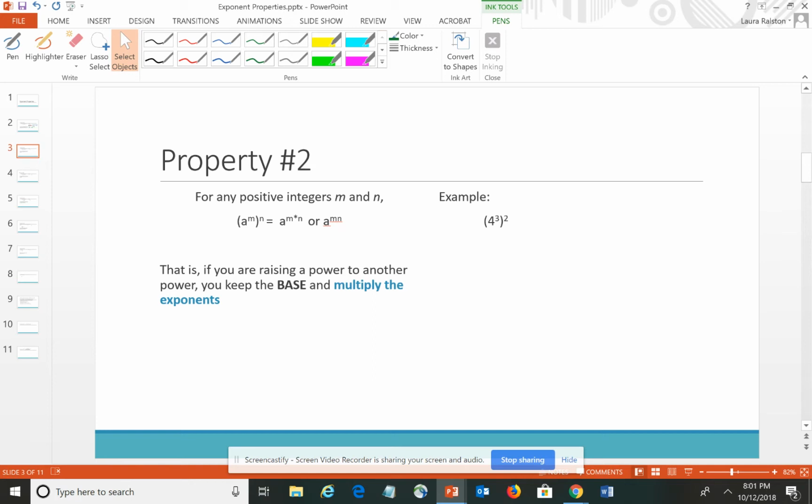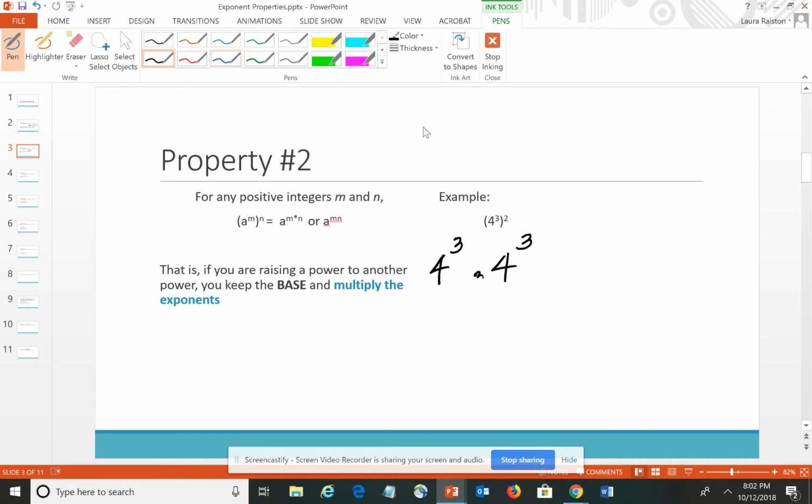Property number 2 is what we call the power to a power rule. If you have a base raised to an exponent, which is then raised to another exponent, the way you simplify that is by multiplying the exponents. Again, if you go back and think about the exponent properties, 4 to the third squared would be 4 to the third times 4 to the third.